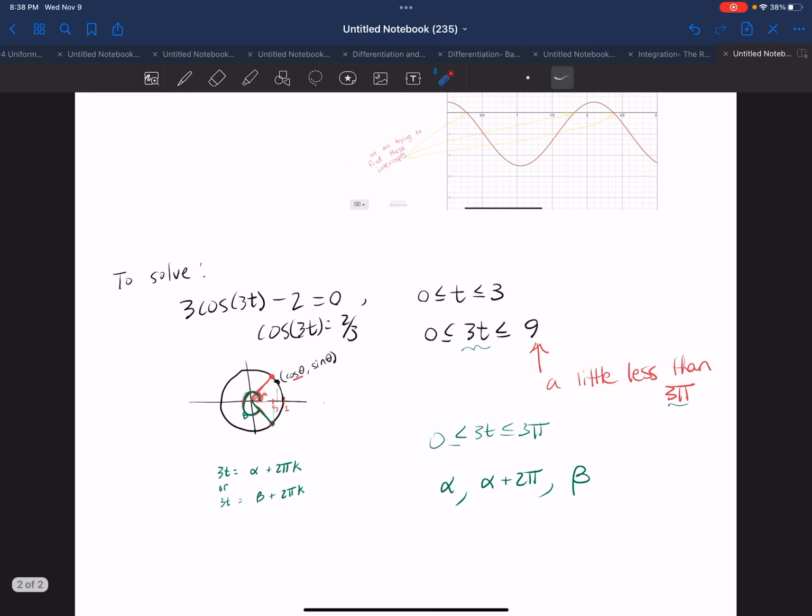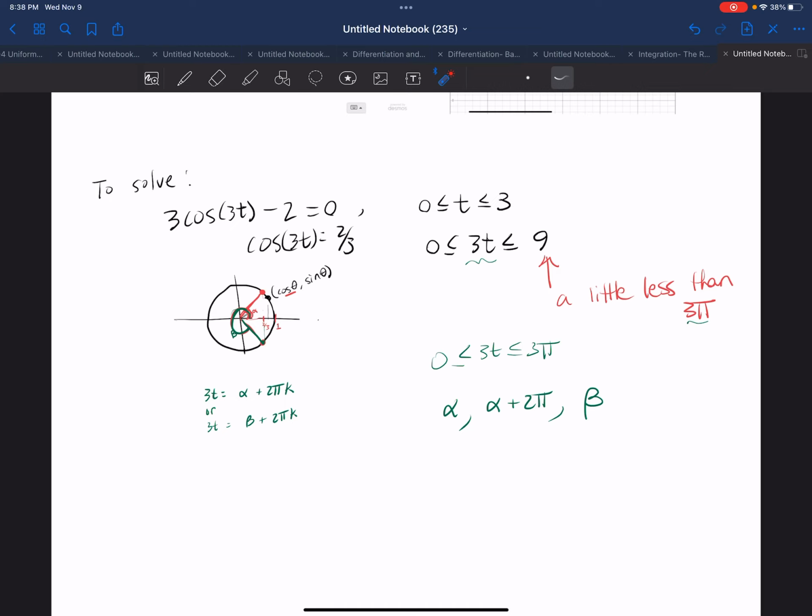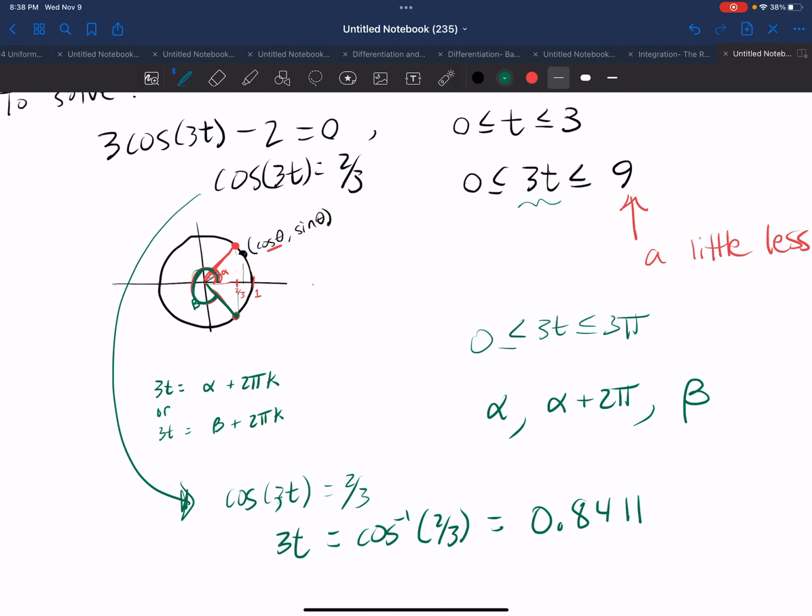So now we use the calculator to get a decimal approximation. If cosine of 3t is equal to 2/3, then 3t is equal to cosine inverse of 2/3. This is going to give me alpha, which is 0.8411. I could turn it into degrees or radians, but it doesn't really matter.